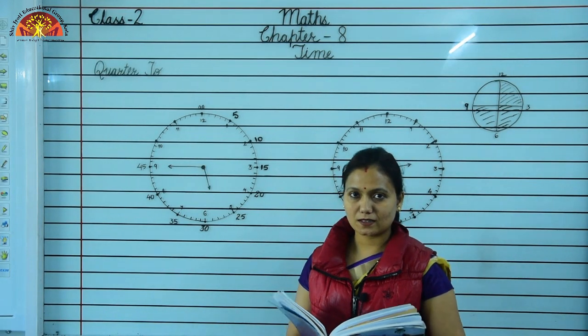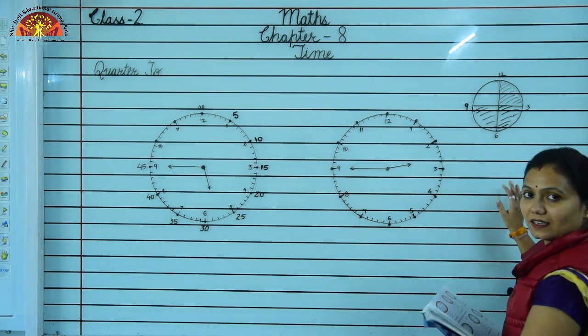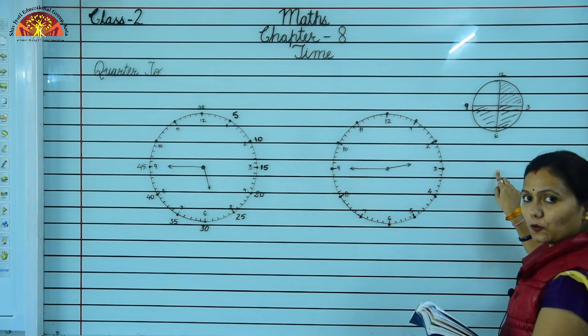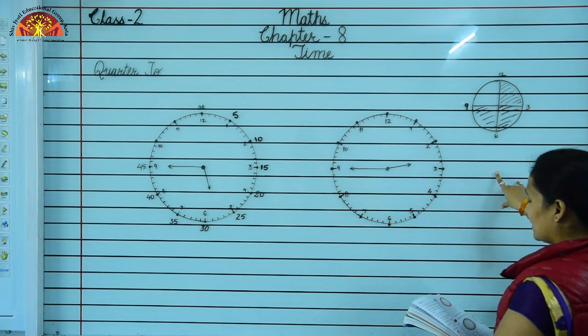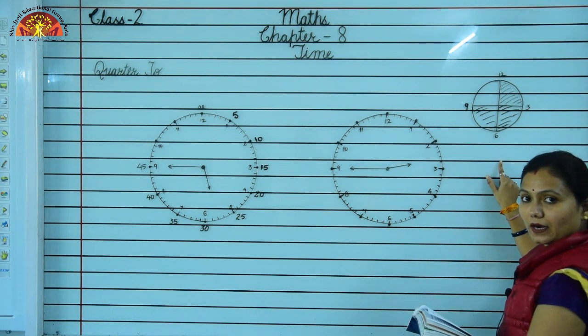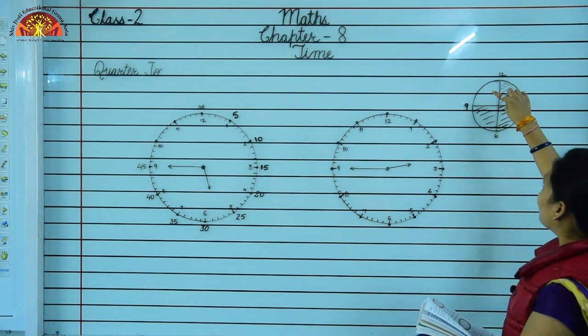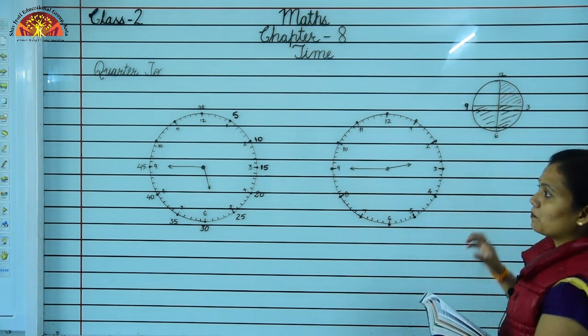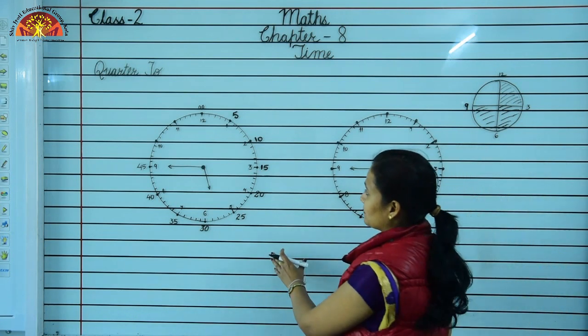Now we'll study how to read quarter to. You can see here, when we divide a clock into 4 parts, each part is a quarter, and the fourth part is quarter to. Now look here.